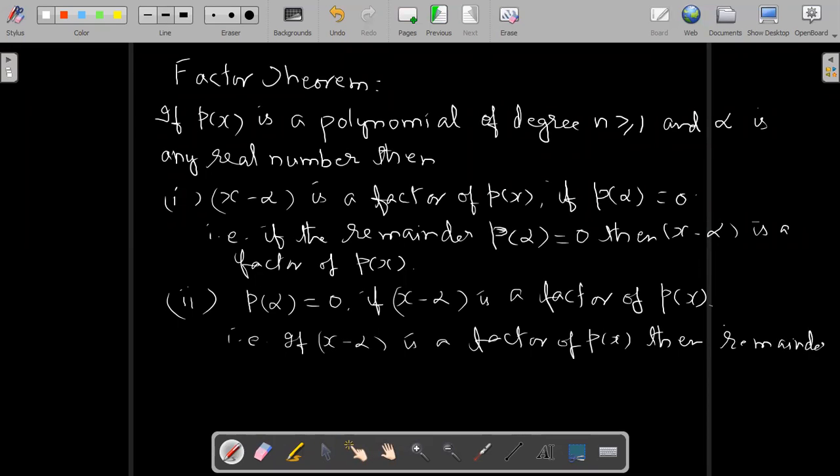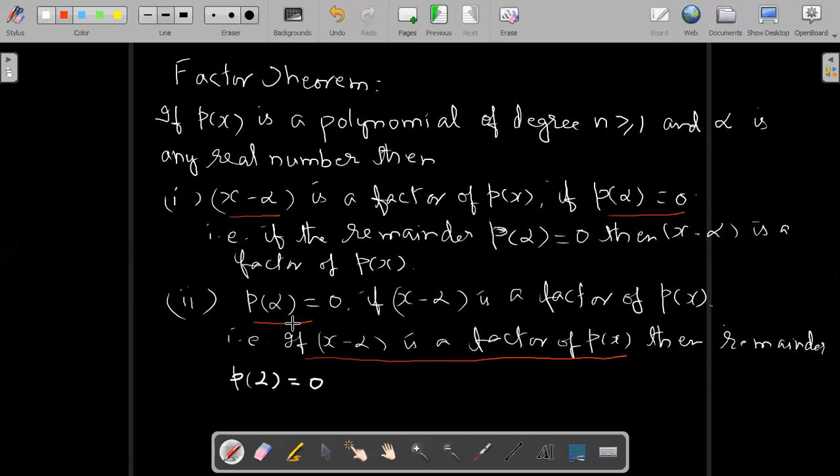Are you getting my point? Remainder p alpha is equal to 0. So if it is given in the question that it is a factor, then we can equate the remainder to 0. If the remainder is given 0, then it will be a factor.